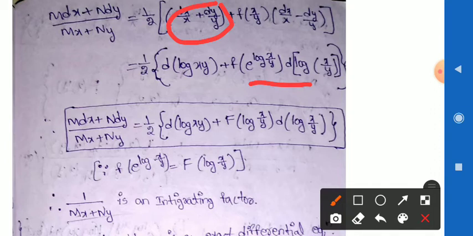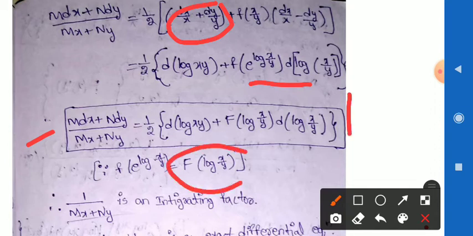Now it can be written in the form (M dx + N dy)/(Mx + Ny) = 1/2 [d(log xy) + f(log x/y) d(log x/y)].